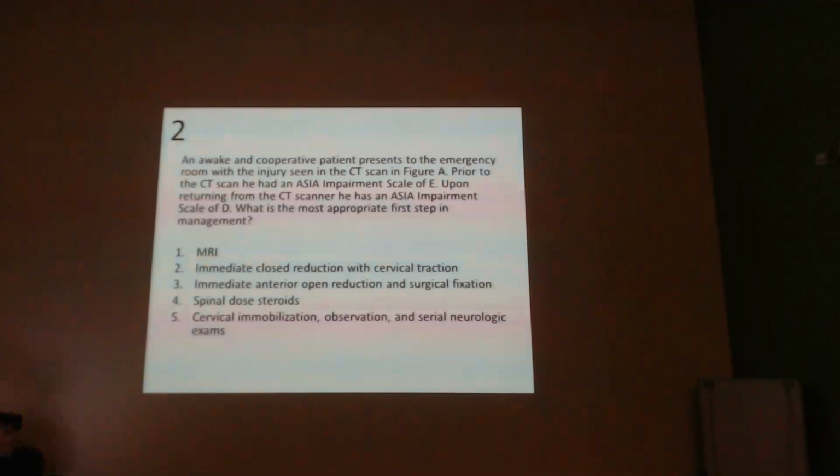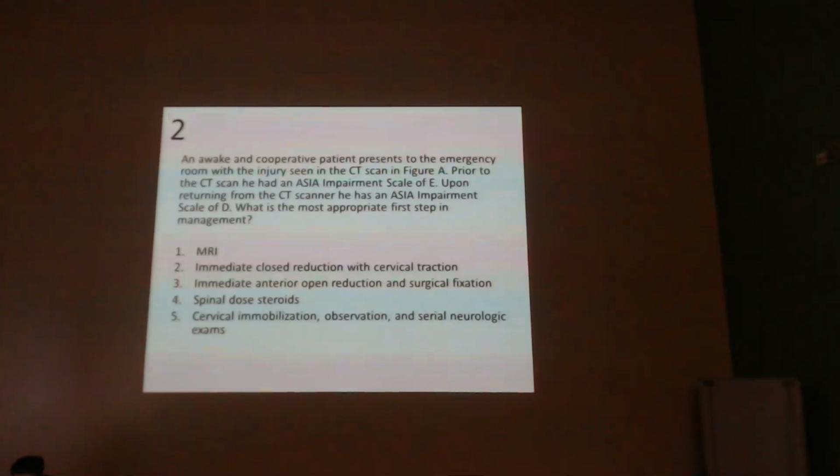Okay, so now this one I got wrong. So give me your answer then. What would you do here? This is the one he was talking about, this controversial area. It depends on how quickly you can get your MRI scan.